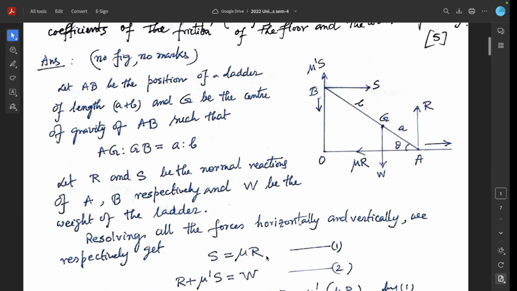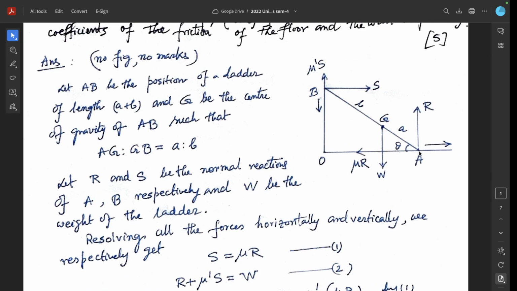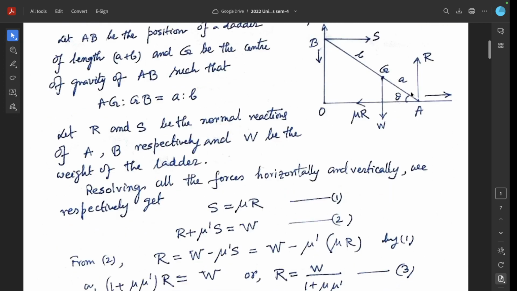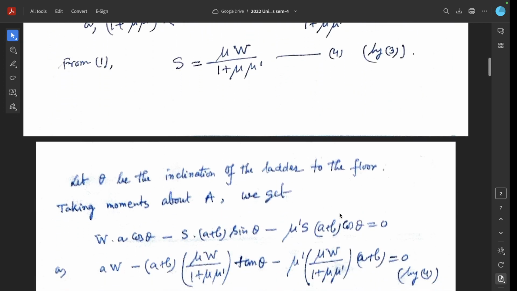And for the force mu dash S about the point A, the perpendicular distance from A is OA, which from the right angle triangle ABO equals (a plus b) cos theta. This moment is in the clockwise direction, so it is minus mu dash S (a plus b) cos theta.